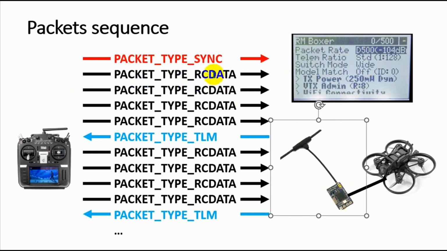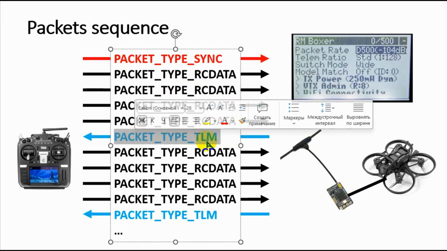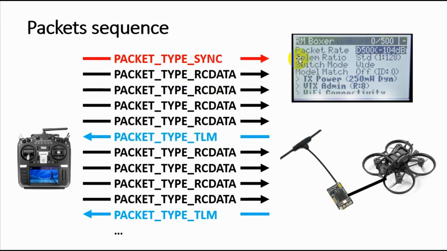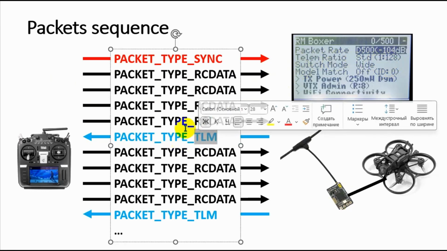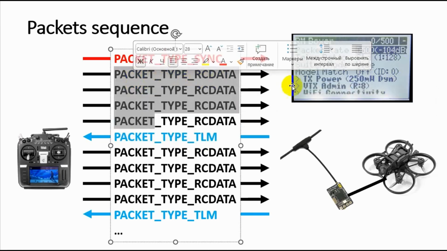Then when the connection is established, we send a number of remote control data messages and then receive back a telemetry message. And by the way, you see there is a configuration telemetry ratio, which is 1 by something. It means how often we will receive telemetry. So in this example we have 1 telemetry per 4 RC data, so it will be 1 by 4.